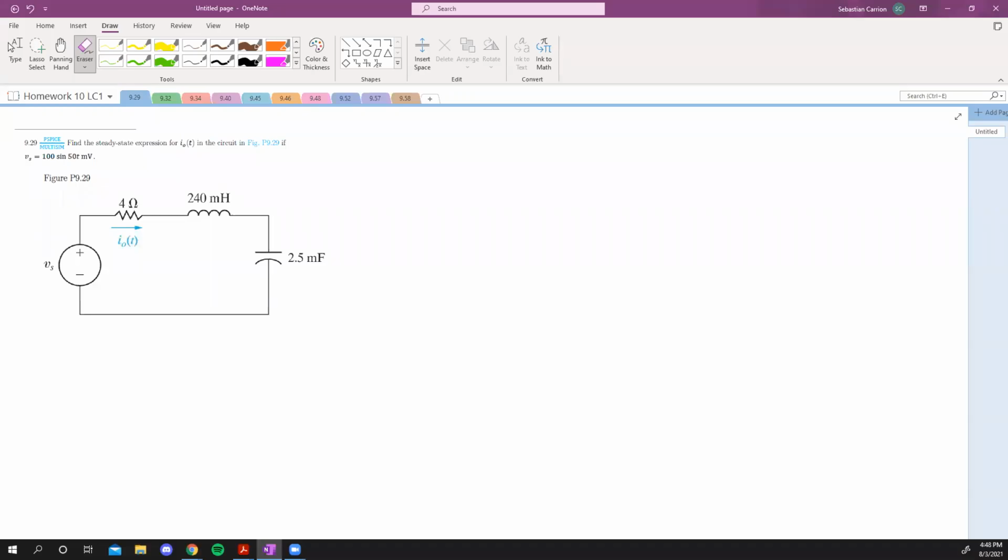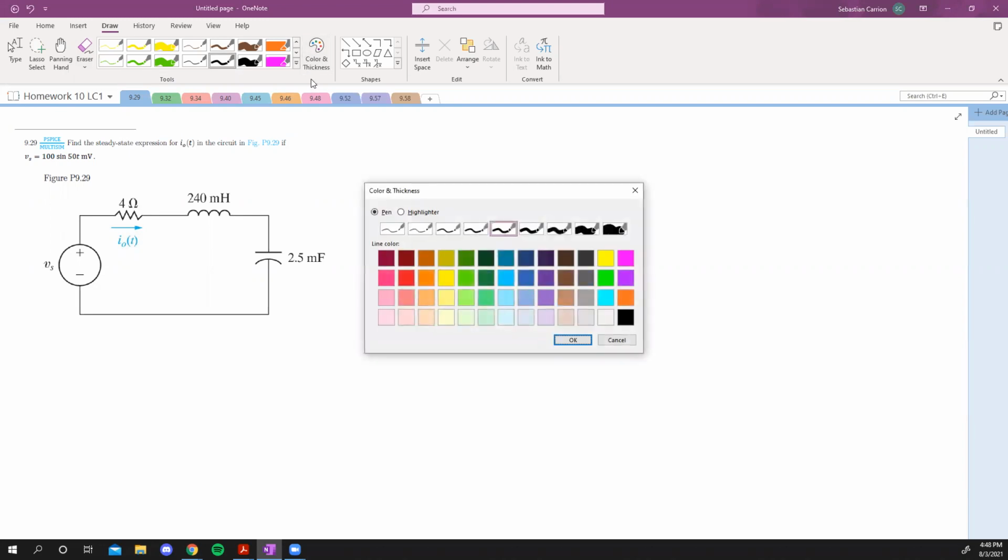Okay, problem 9.29 says: find the steady state expression for I naught in the circuit if Vs is 100 sine 50t millivolts. So we need to find I naught.